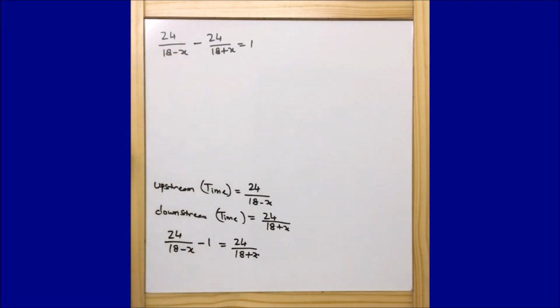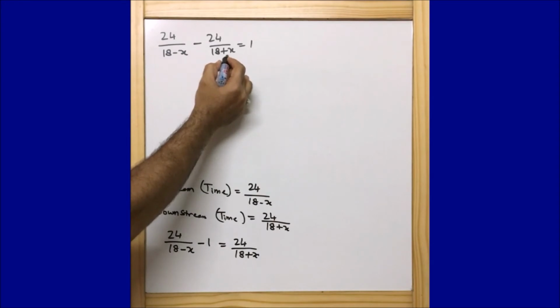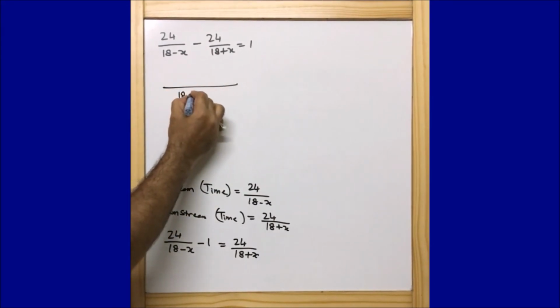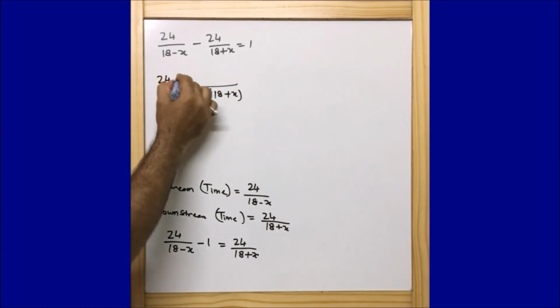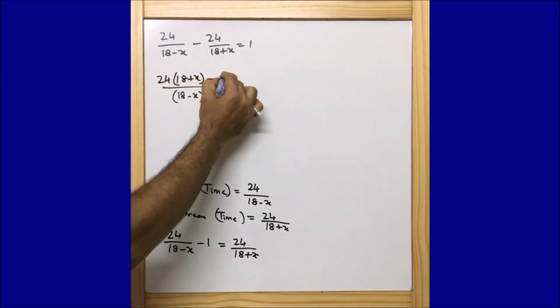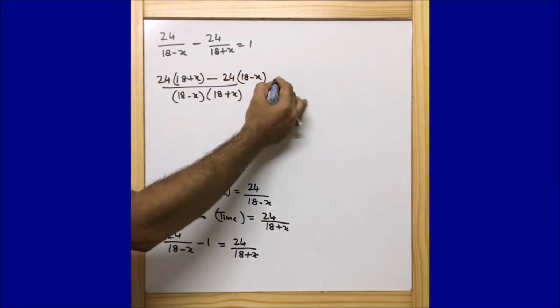Now let us solve this equation. Here we have 18 minus x and 18 plus x. So our LCM will be 18 minus x into 18 plus x, and I can multiply 24 into 18 plus x minus 24 into 18 minus x is equal to 1.